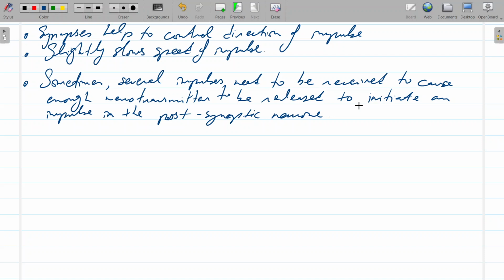For example, you have an ant walking on your skin and you don't feel it. Why? Because the sensory impulse that the ant is creating on your skin is not enough to reach your central nervous system for your brain to detect, oh, there's something on my skin.